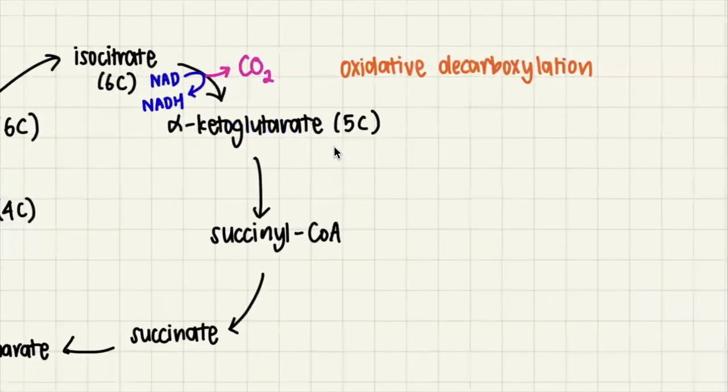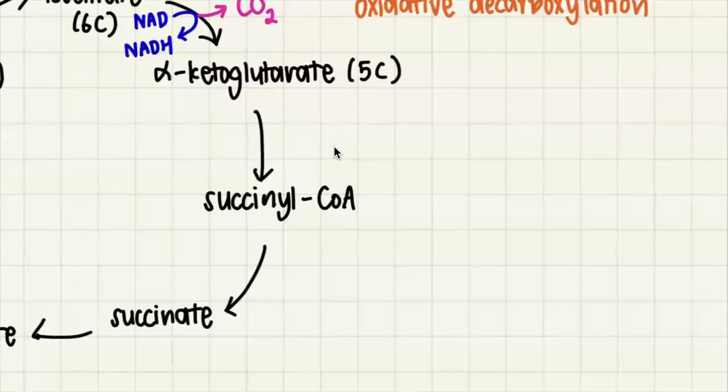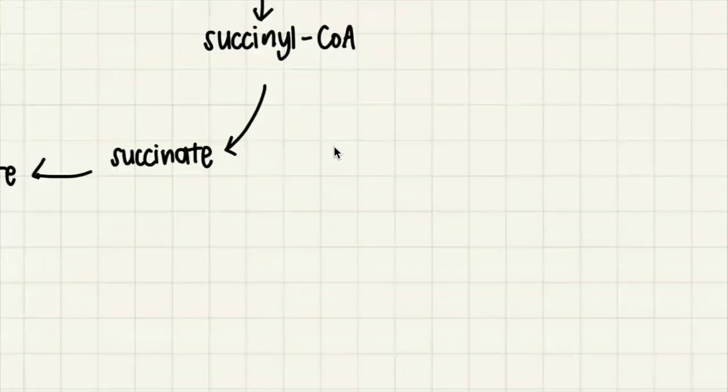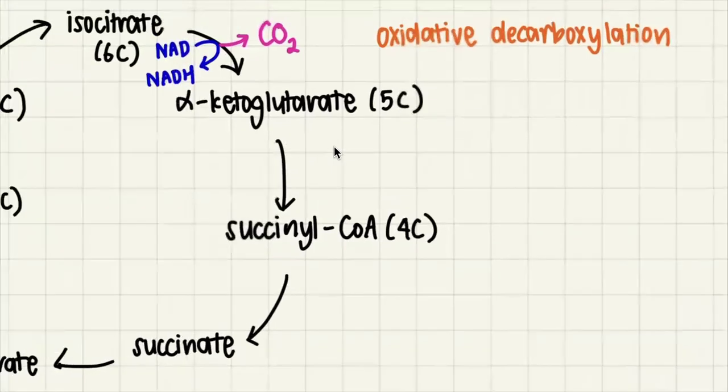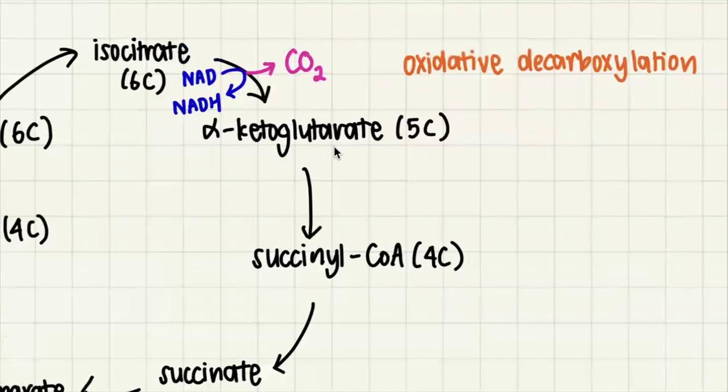Now we move on to alpha ketoglutarate and succinyl-CoA. Succinyl-CoA is actually a 4-carbon compound. Just now I mentioned that from isocitrate to alpha ketoglutarate, we lose 1 carbon atom in the form of carbon dioxide. Here we have a 5-carbon compound and a 4-carbon compound.